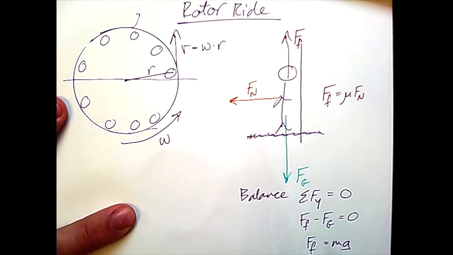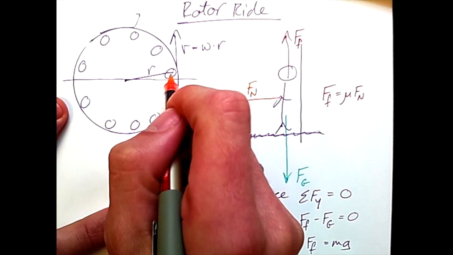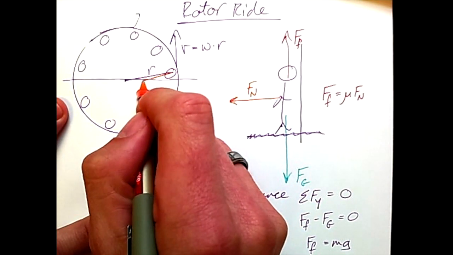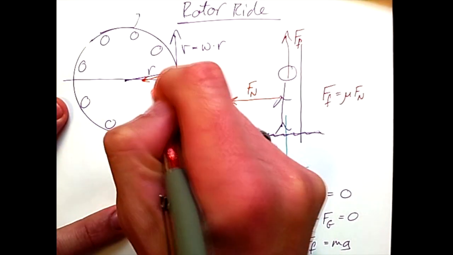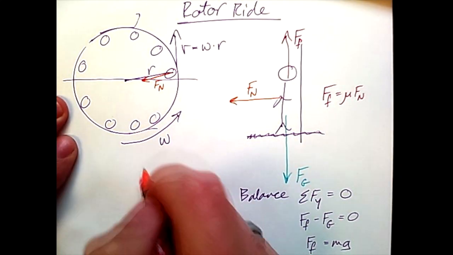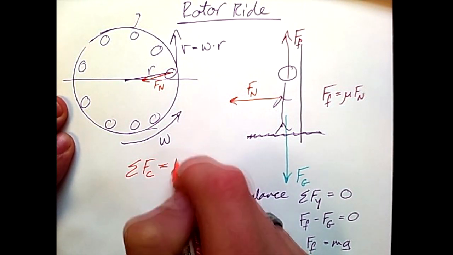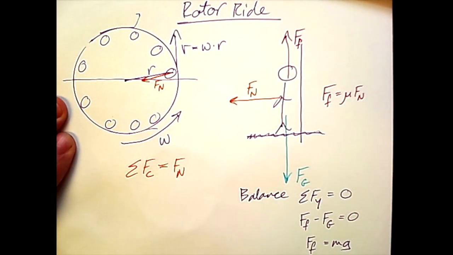And so we have to go back and look at this circle to really make sense of that. This normal force in this diagram over here can still be depicted from this person along the central axis towards the middle. F of n is pointing towards the centripetal center, which means that in terms of the summation of the forces centripetally, F of n is an unbalanced force. There is no force pushing outward, right?